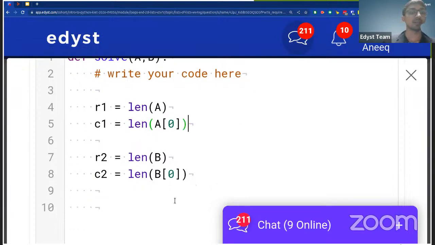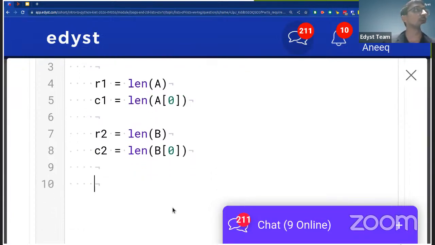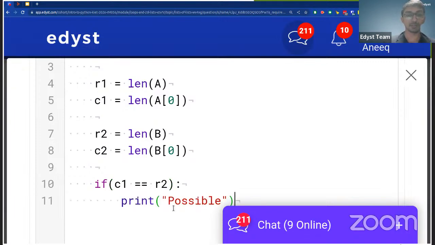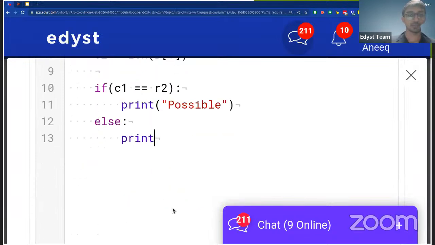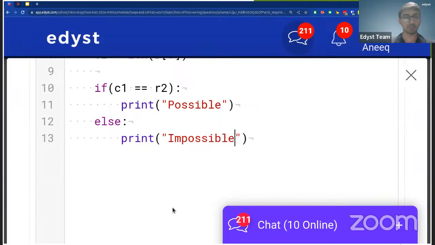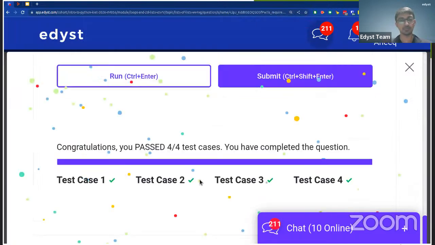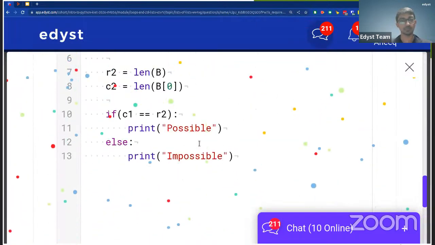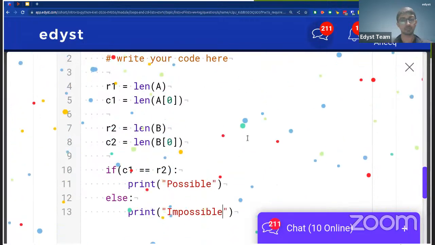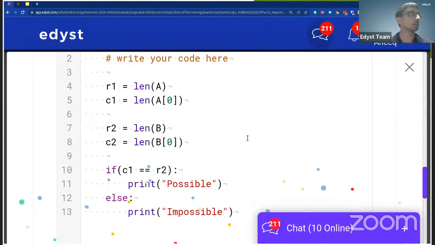Then when are we saying that it's possible to multiply? If C1 equal to R2, then it is possible. Is this clear? Please note it down, everybody, quickly.